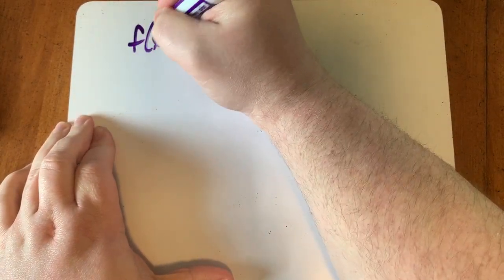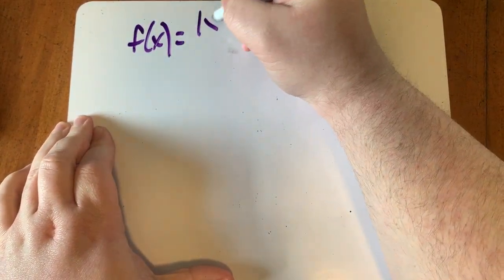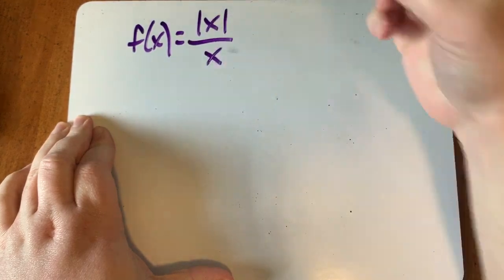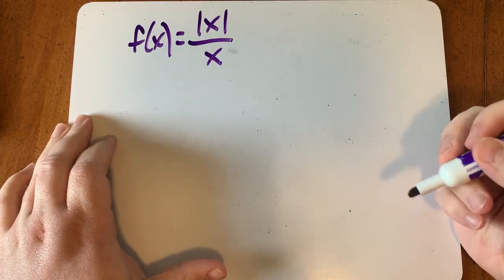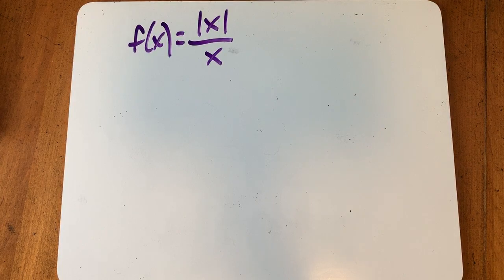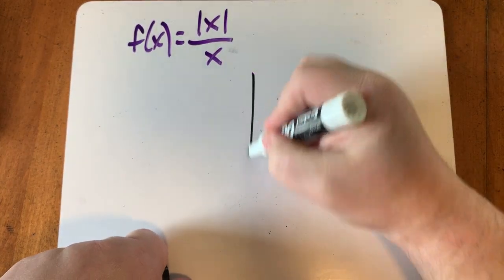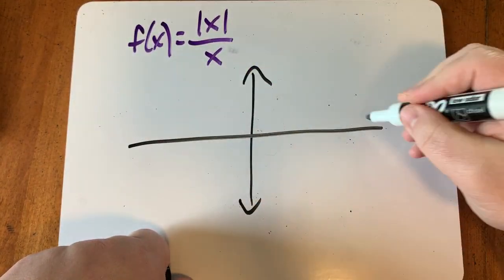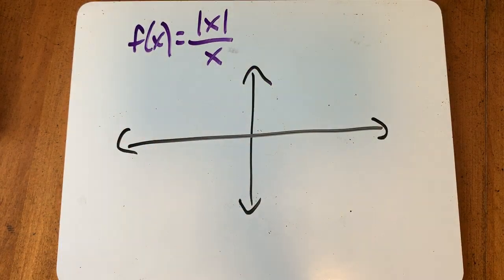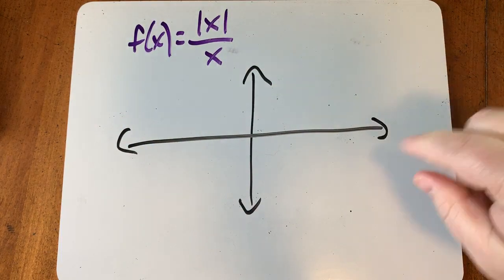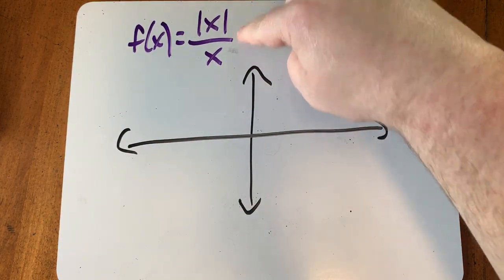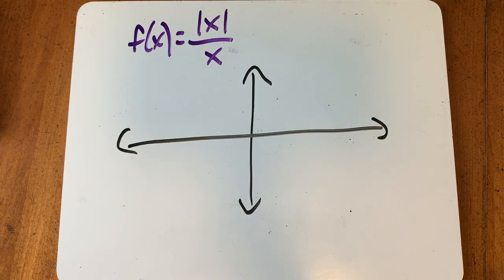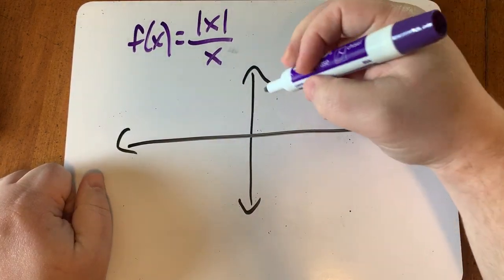Let's take the function f of x equals the absolute value of x over x. The graph of this, well, for every positive x, it's going to be a positive over a positive. So it's going to be something over itself.